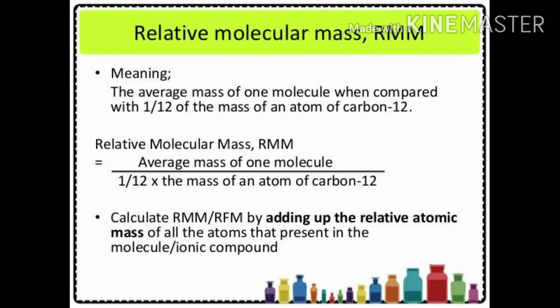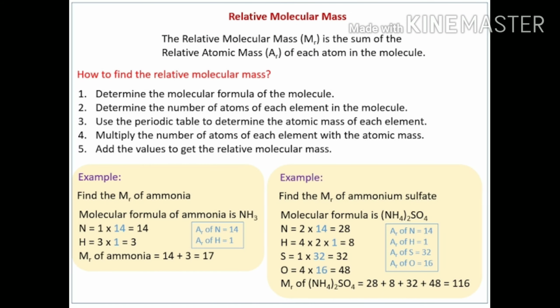Now we have to see how to find the relative molecular mass of a molecule. First you have to determine the molecular formula of the molecule, that means write the molecular formula. Then you determine the number of atoms of each element in the molecule.